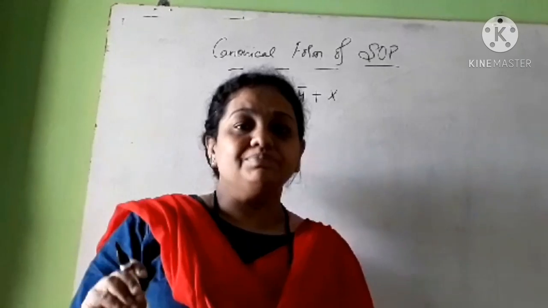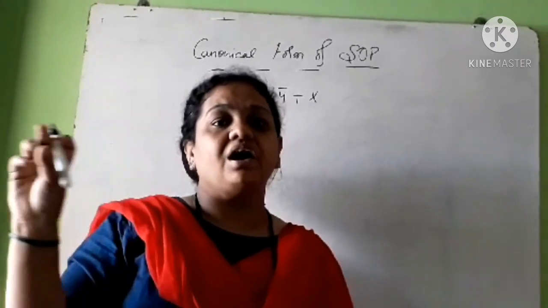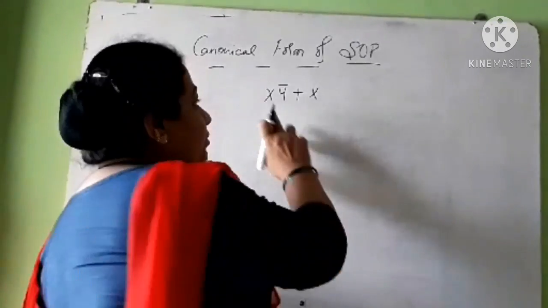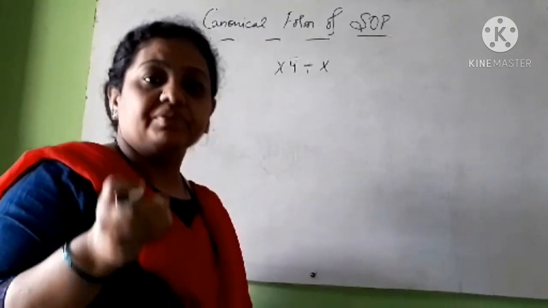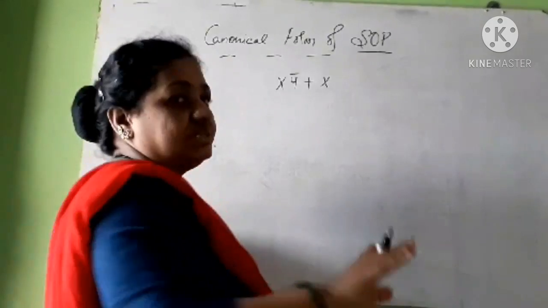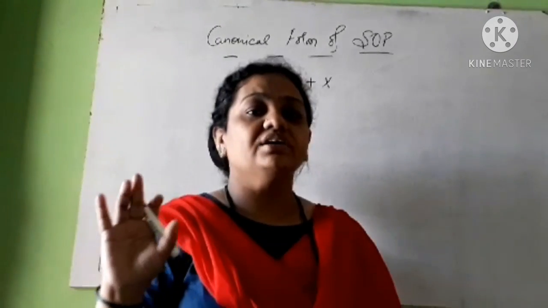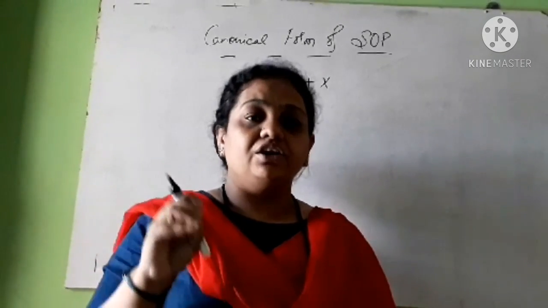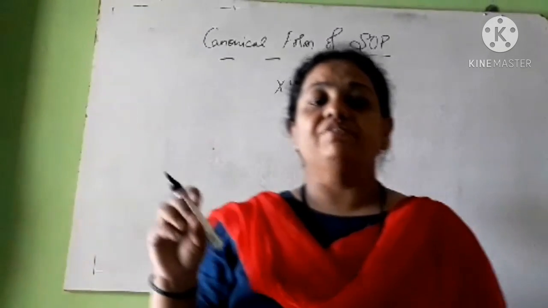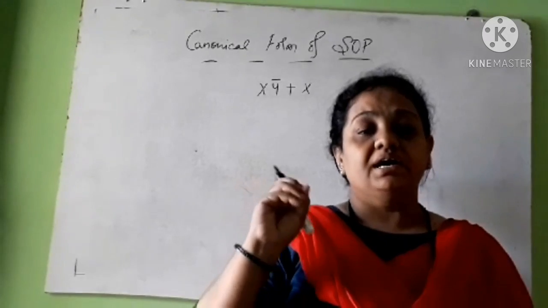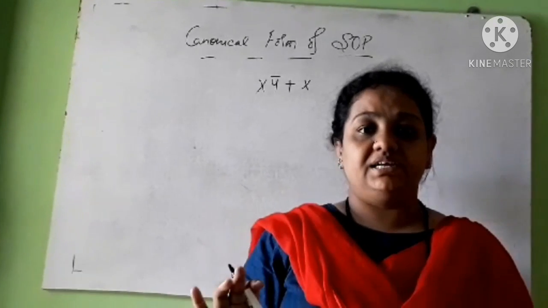Because it is not representing all the variables. Here you can see x y bar, but here you can't see y. Therefore, this expression is not in the canonical form of SOP. Canonical form of SOP means the expression should have purely SOP terms in it.